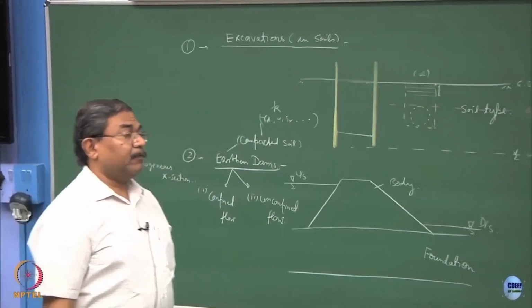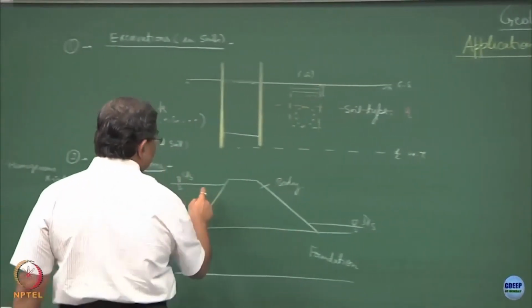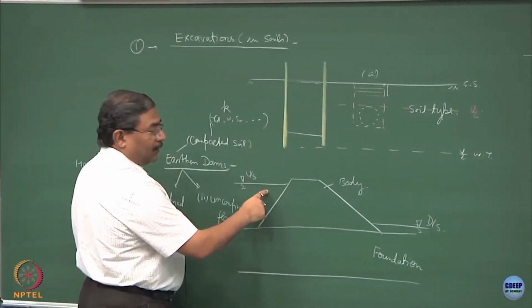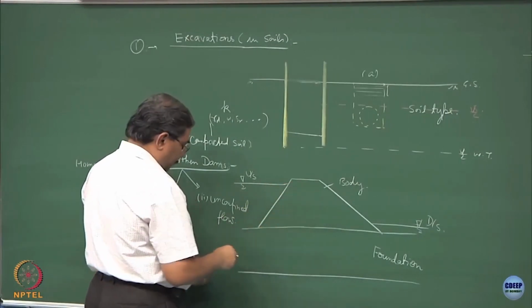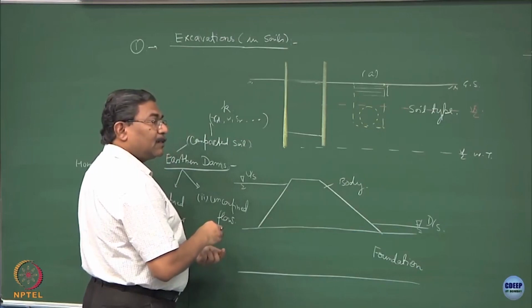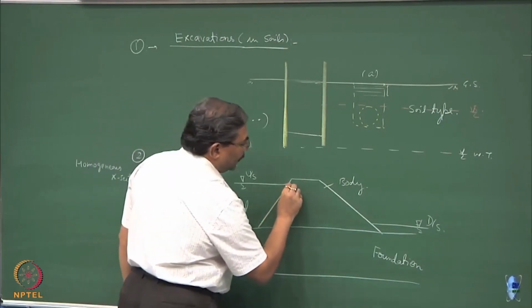But this type of situation is going to be very detrimental, because in due course of time what is going to happen is, any guess? If you leave it like this, it is a porous media, very soon the seepage pattern will set in. So, the seepage is going to take place like this.